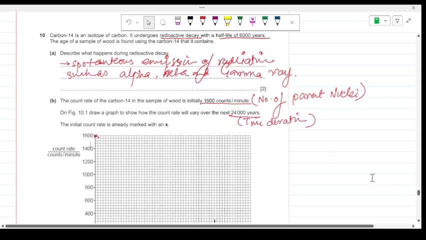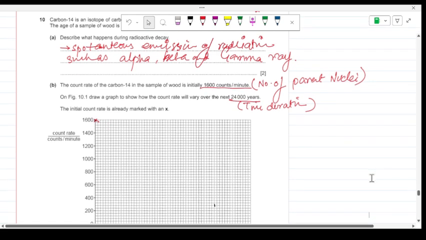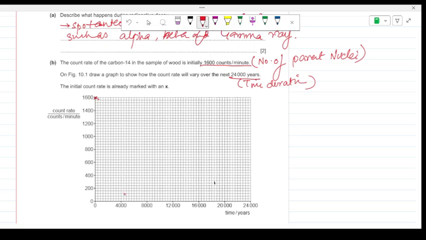For the first half-life, at 6,000 years, the sample will be half, so 1600 halved comes to 800.